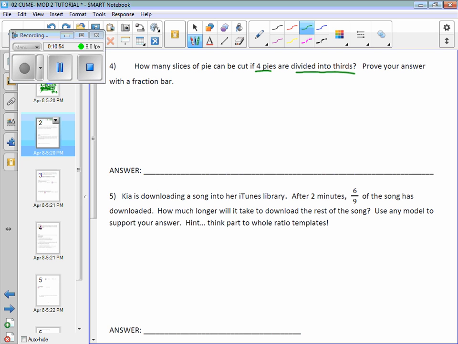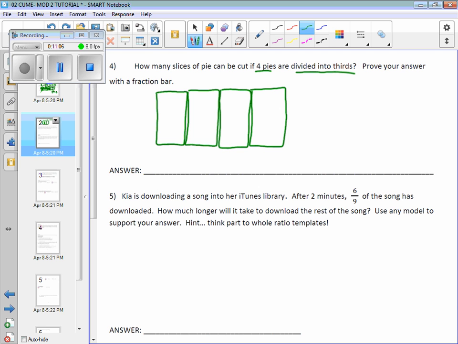I'm going to make a tape diagram that is 4 segments long. I'm making it tall for a reason, because I've got to divide this up into thirds, and it just gives me a little bit more room. Each one is being divided into thirds. So we have a third here, second third, and 3 thirds per pie.